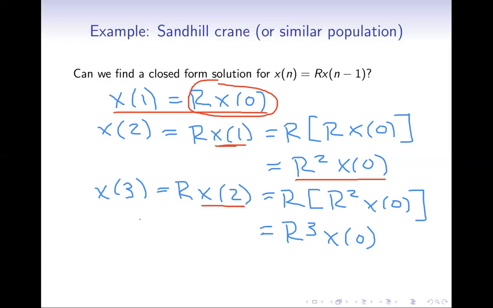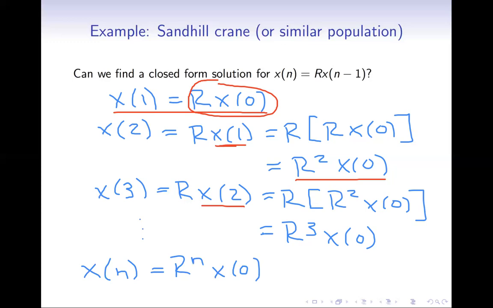In general, x of n is capital R to the n times x of 0. Intuitively, this makes sense because at every time step, we've multiplied our initial population by another instance of capital R. So after n time steps, we have n factors of capital R applied to x of 0.